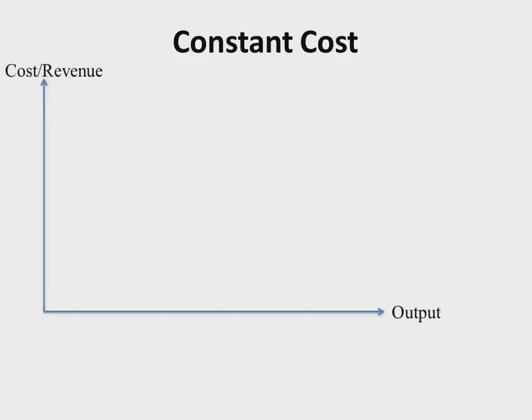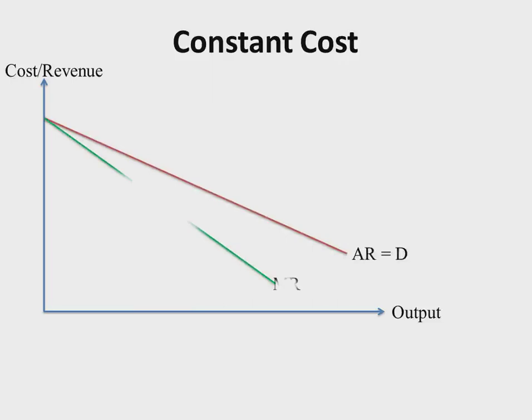What we've looked at so far is the rising cost, where costs are increasing with output. But if costs are constant for the monopolist, then with cost and revenue on the vertical axis and output on the horizontal, we have our downward sloping average revenue curve and our marginal revenue curve below the average revenue.